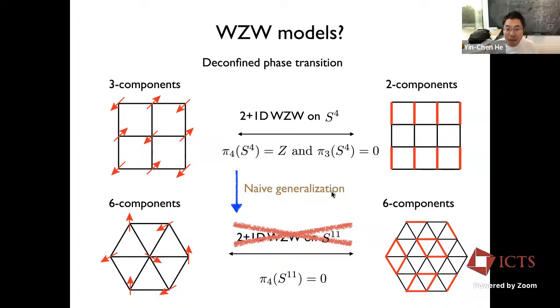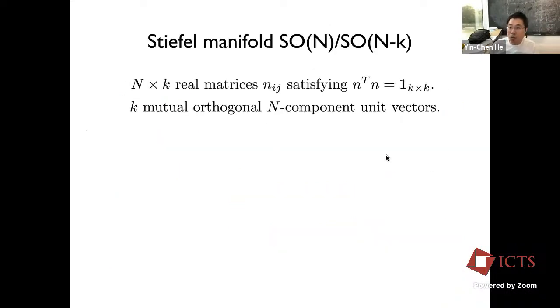And it turns out that the way to generalize it will involve this. We should use this so-called Stiefel manifold, which is abstractly written as SO(N) quotient SO(N−K). It may not be familiar to you, but it's indeed a very simple manifold to visualize. This manifold can be parameterized by K mutually orthogonal N-component unit vectors. In other words, you can just write down an N by K real matrix which satisfies these orthonormal conditions.